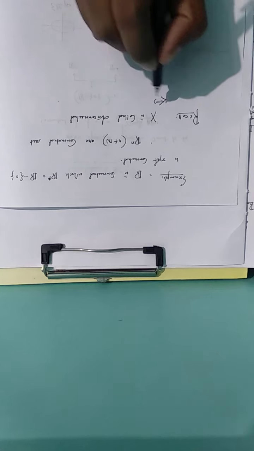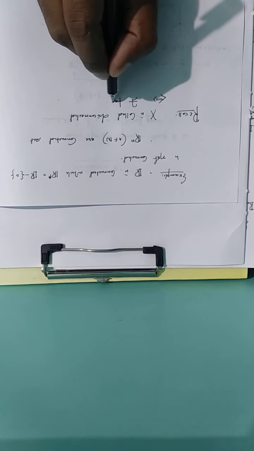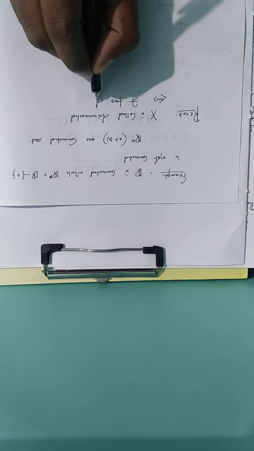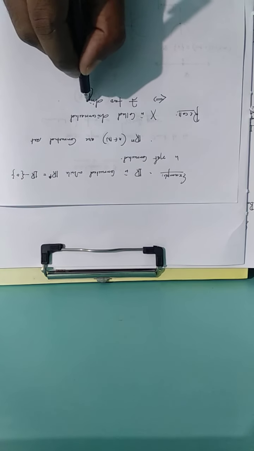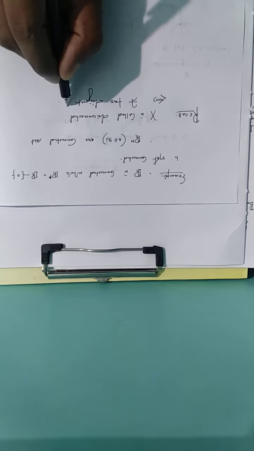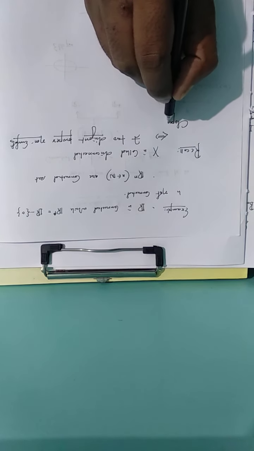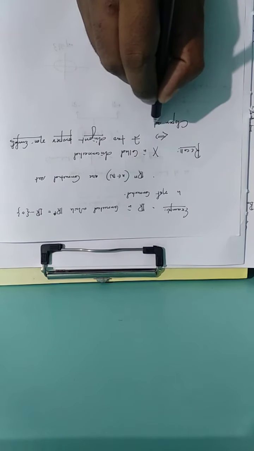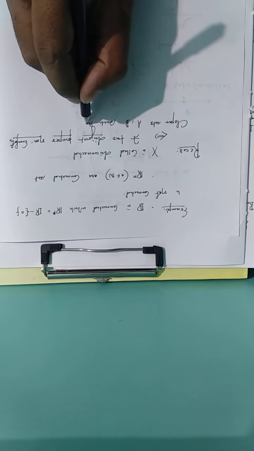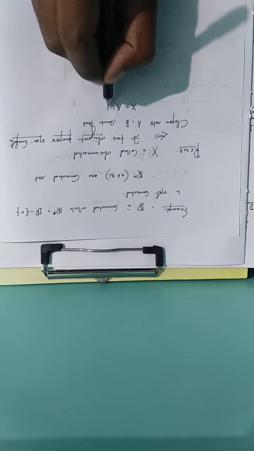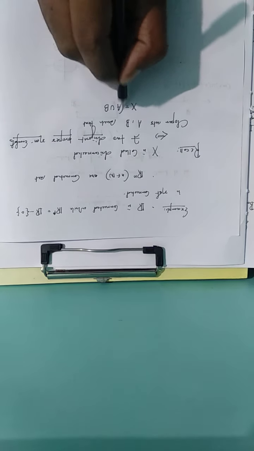That means if and only if there exist two disjoint proper non-empty closed sets, that means closed as well as open sets, A and B such that X equals A union B.